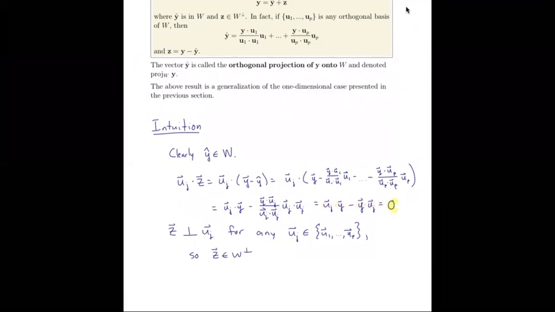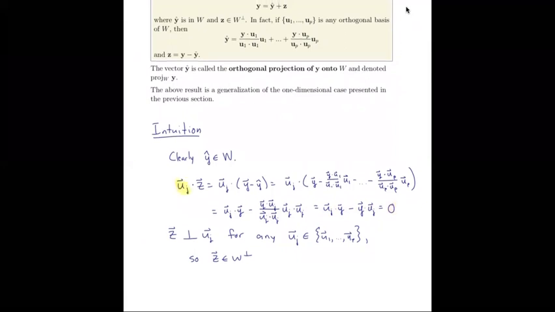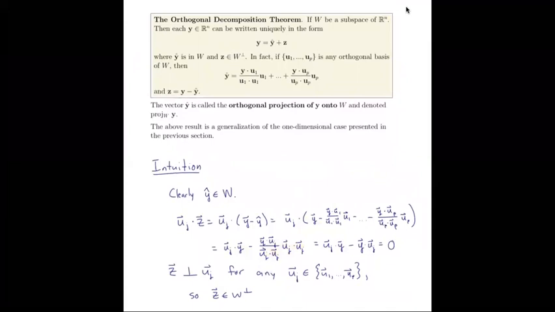Now I've only shown this for one basis vector in W, but notice that uj is any one of the basis vectors in W. It's u1 through up, any one of them. I didn't take it to this generality, but we need to show that it's perpendicular to every vector in W. So what you would need to do is write a vector v that's a linear combination of u1 through up, and then run it through a similar process.